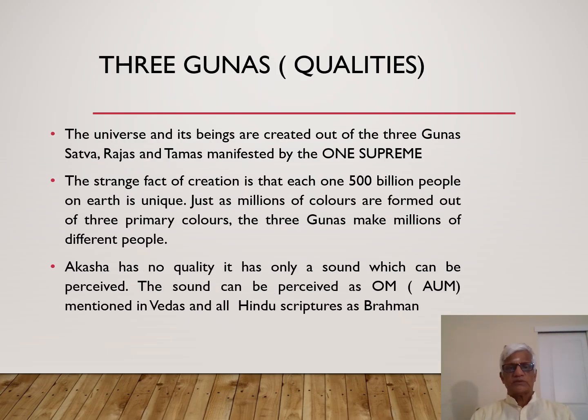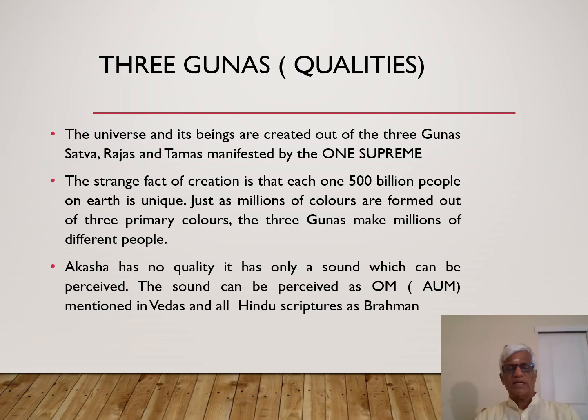The Indian philosophy systems identify three characteristics of human behavior or human nature. The three characteristics are called gunas, and they are termed sattva, rajas, and tamas in the Sanskrit language, which can be translated as serene or calm, active, and lazy.